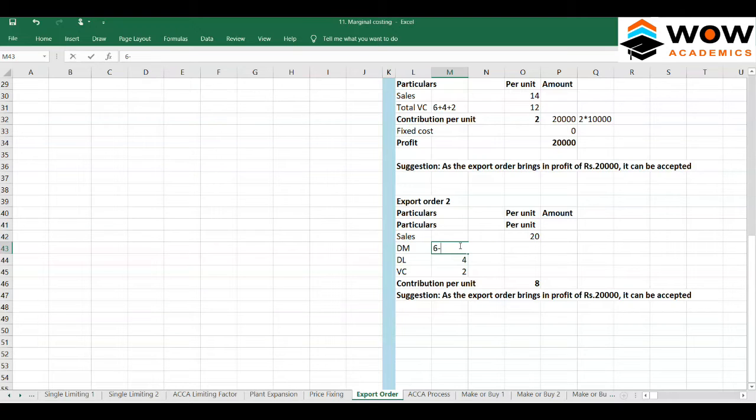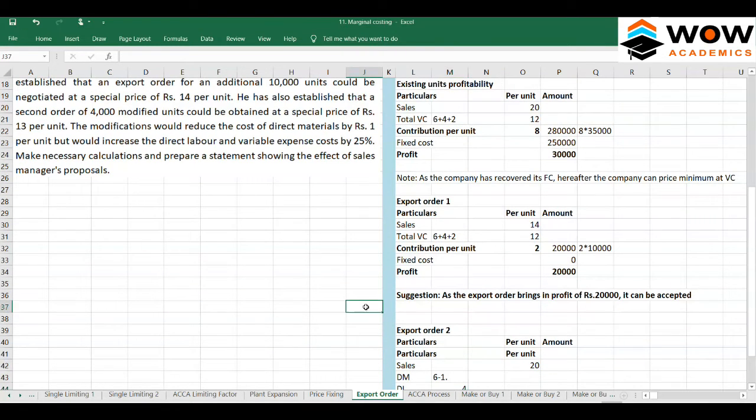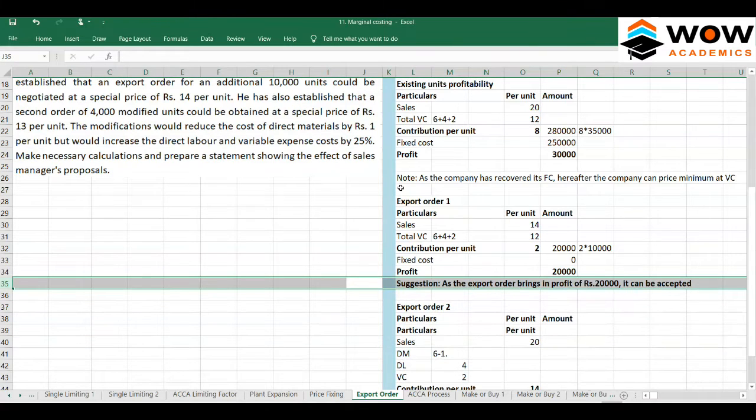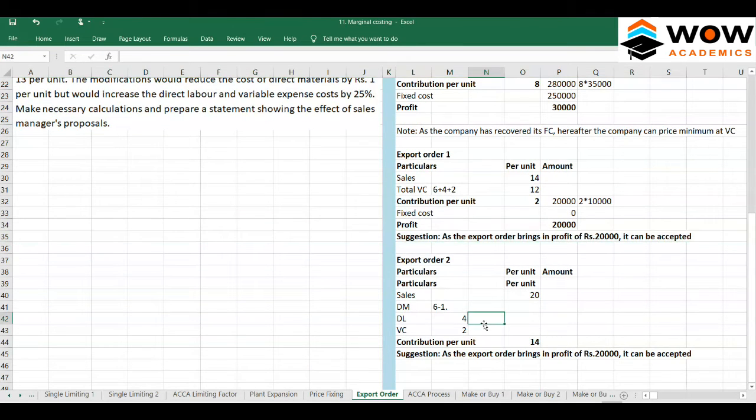From that 6 we can reduce 1. Next one is direct labor. So direct labor and variable cost would go up by 25%. Okay, so we can just take this number, 4 and 2.